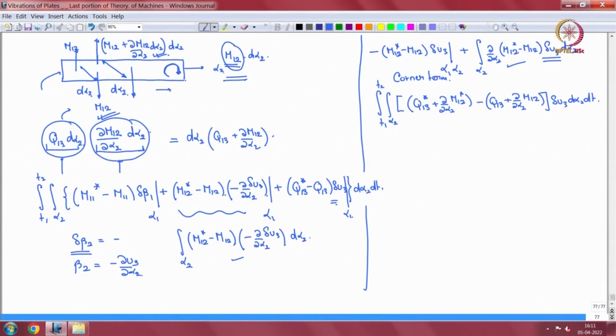Okay. So we will call this V13 star, we will call this V13, the Kirchhoff effective shear stress term.